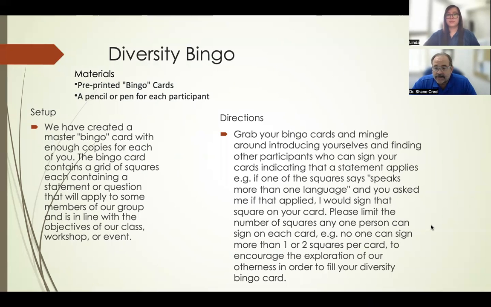Please limit the number of squares any one person can sign on each card, such as no one can sign more than one or two squares per card, to encourage the exploration of our otherness in order to fill your diversity bingo card. And just for everyone's information, I am bilingual. I speak both English and another language, and you've been exposed to them both.